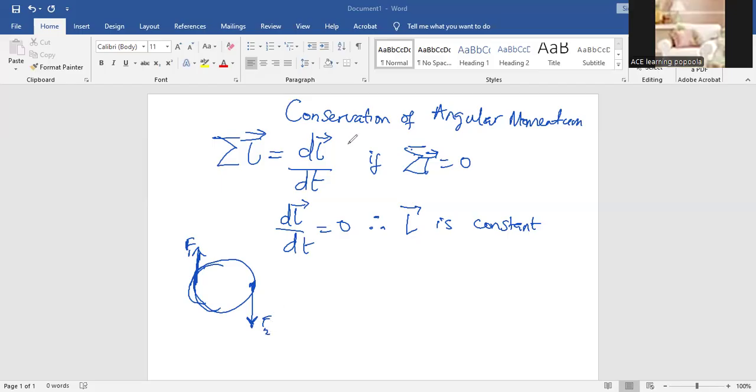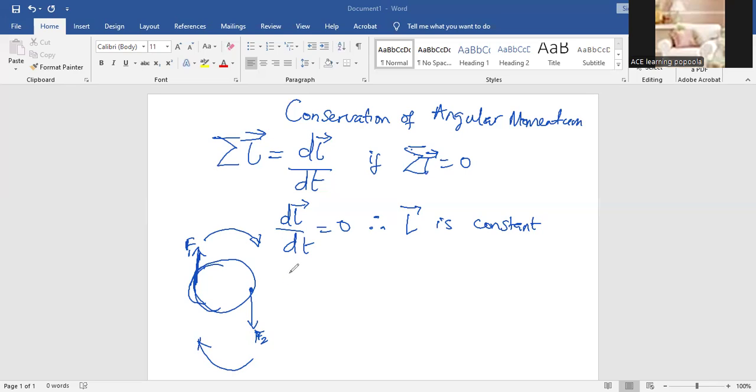If F1 acts without F2, this force will give the object a torque, and it is going to rotate in an anti-clockwise direction if it is acting alone. And if F2 also acts alone without F1, it's going to give a torque in this direction.